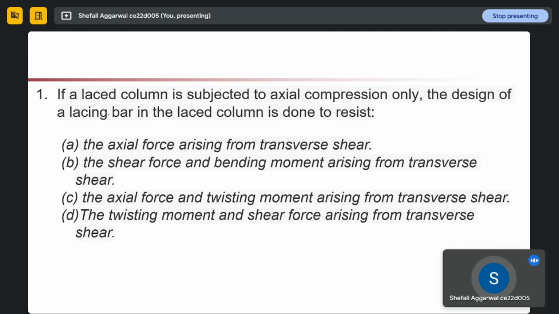So the first question is: if a laced column is subjected to axial compression, the design of a lacing bar in the laced column is done to resist the force arising from transverse shear, the shear force and bending moment arising from transverse shear, the axial force and twisting moment arising from transverse shear, or the twisting moment and shear force arising from transverse shear. What do you think is the answer?